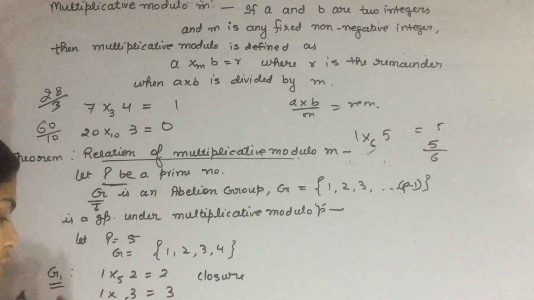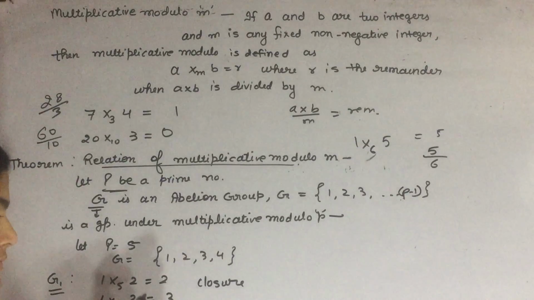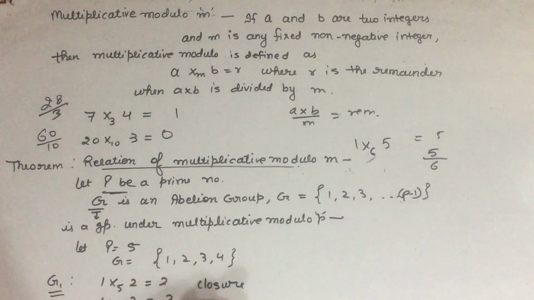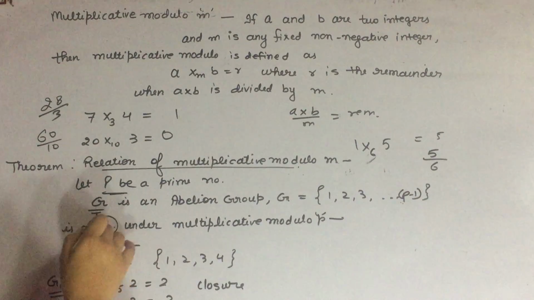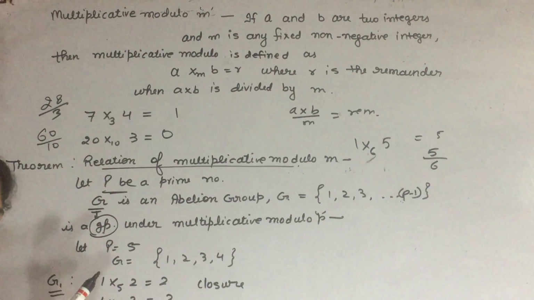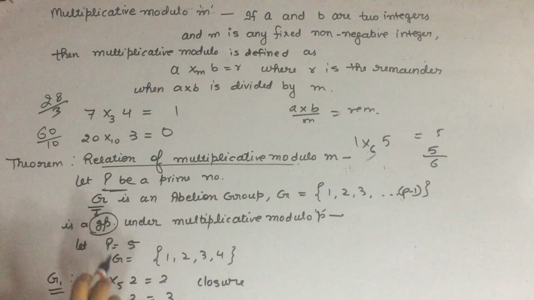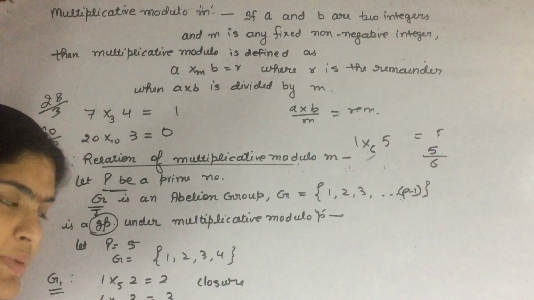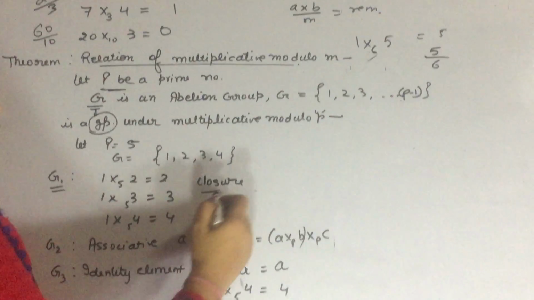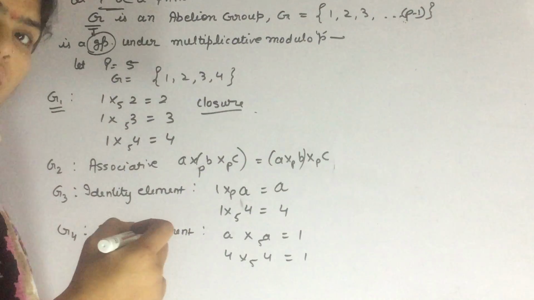Now to prove closure, what do you have to do? Firstly we just prove G as a group. For a group you have to prove only 4 properties. Firstly closure. For closure, what do you have to bring out?